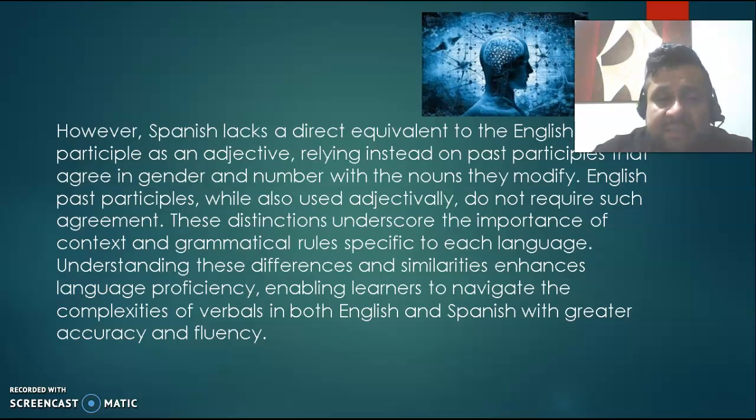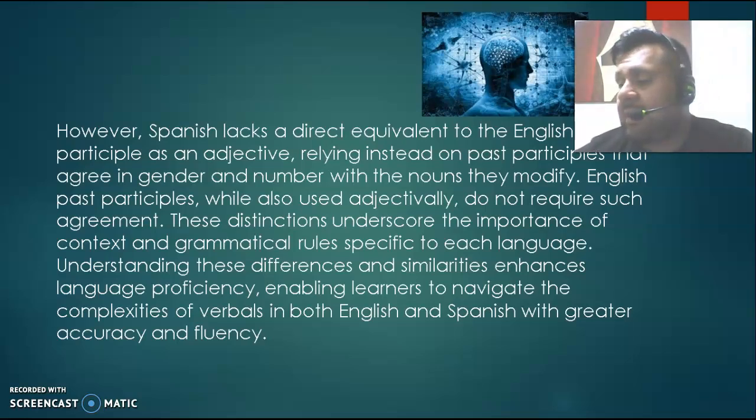These distinctions underscore the importance of context and grammatical rules specific to each language. Understanding these differences and similarities enhances language proficiency, enabling learners to navigate the complexities of verbals in both English and Spanish with greater accuracy and fluency.